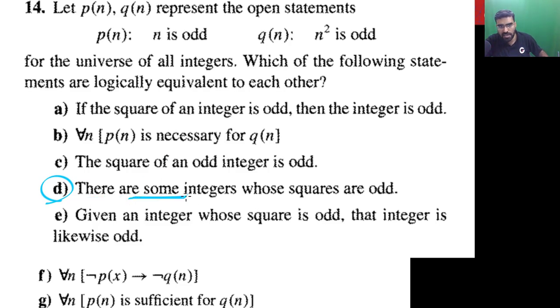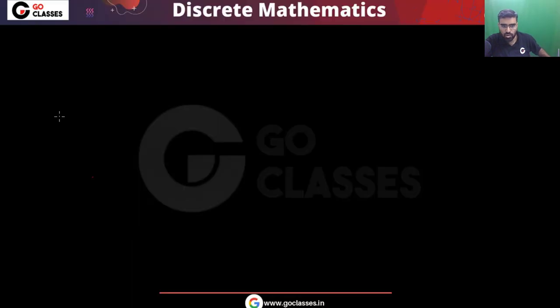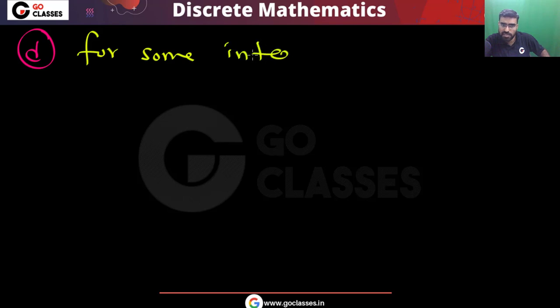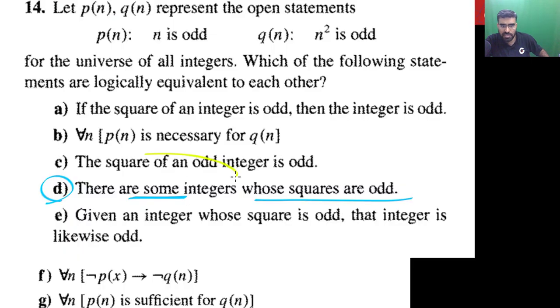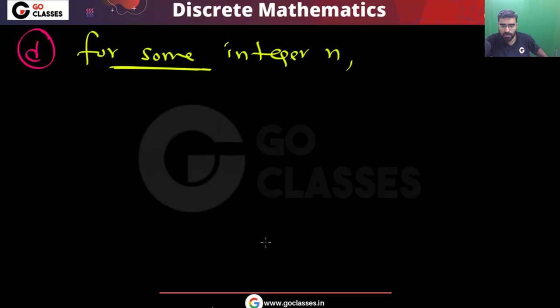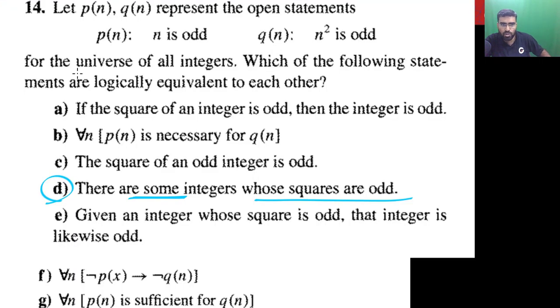This is basically saying that for some integer n, there is some integer n whose square is odd, meaning there is some integer n such that n square is odd. So how to write this statement D? We can say that for some integer, the domain is also the set of integers.